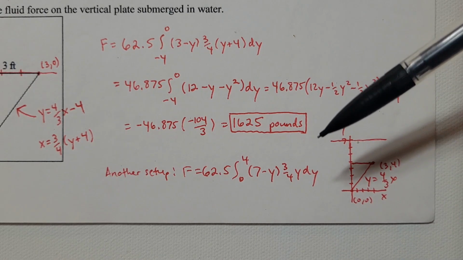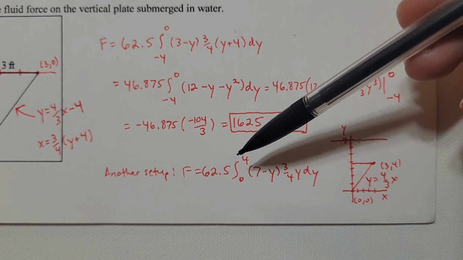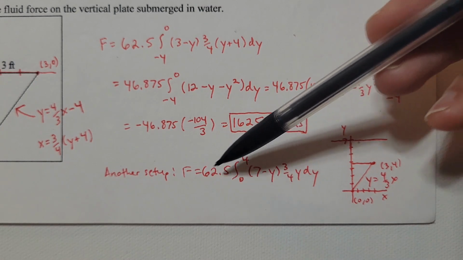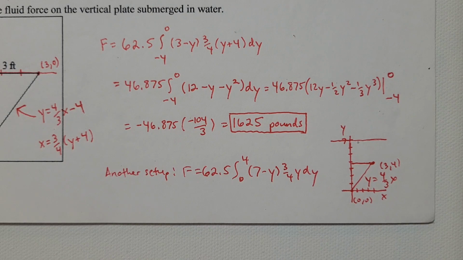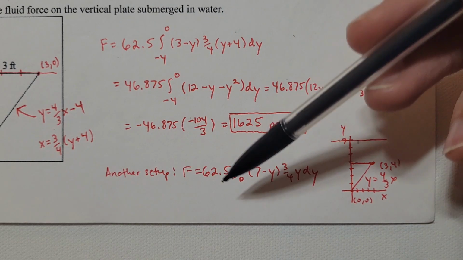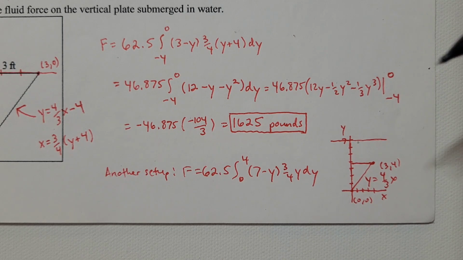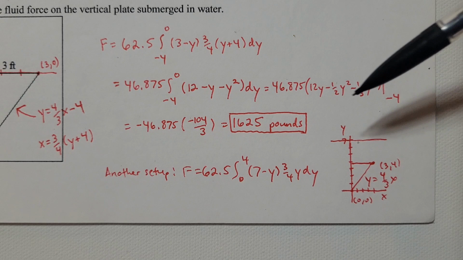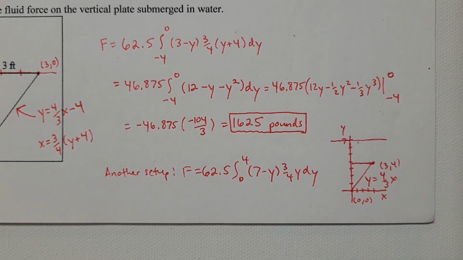I'm in the U.S. customary system, right? So 62.5 pounds per cubic foot is going to go outside the integral. And by the way, I sometimes see students who have the units all over the place. Don't say anything about the units until you get the answer. There's no reason to have any of that stuff until you get the answer, which is going to be either pounds or newtons.